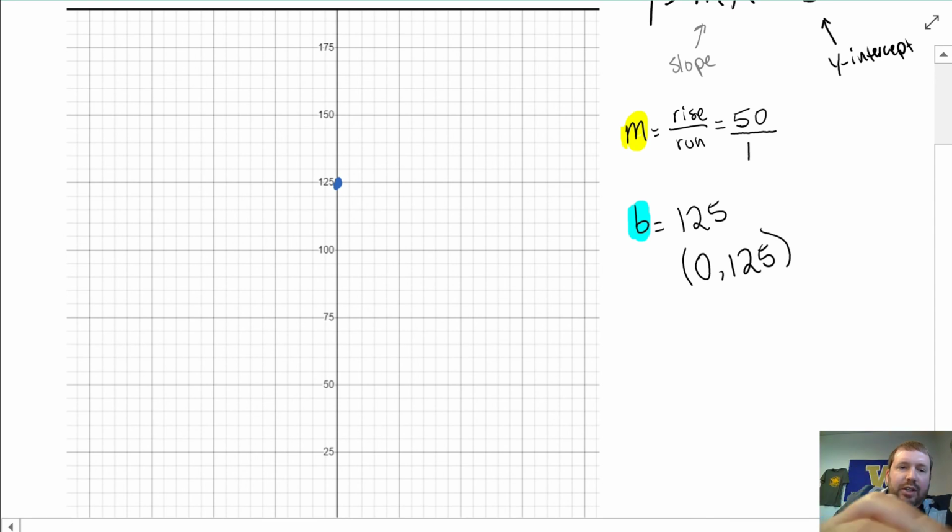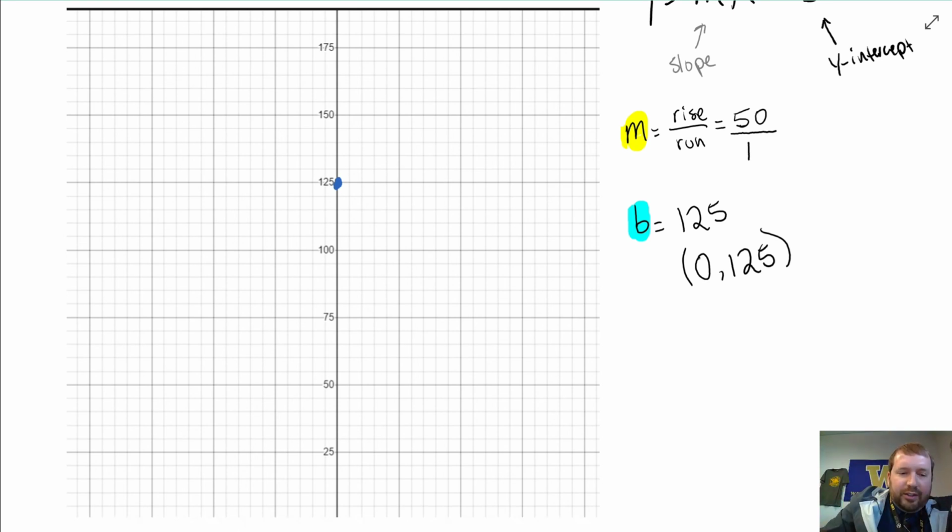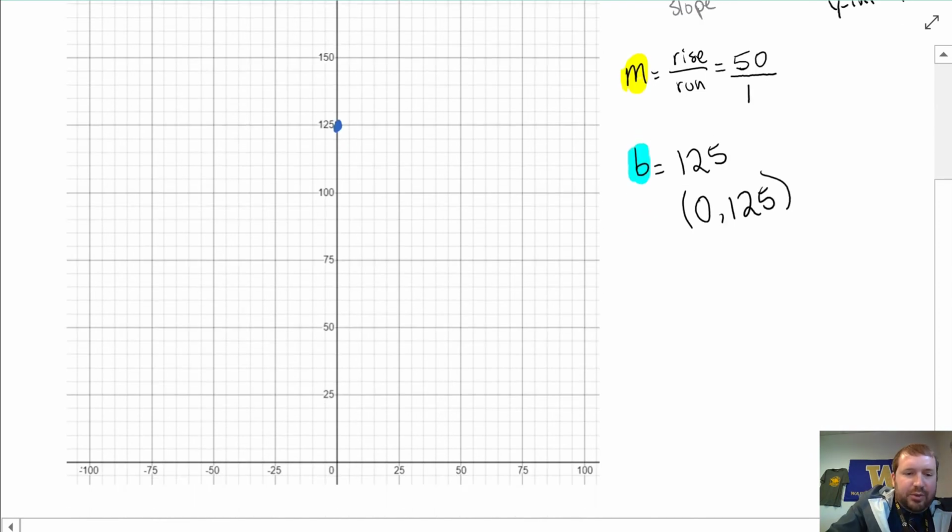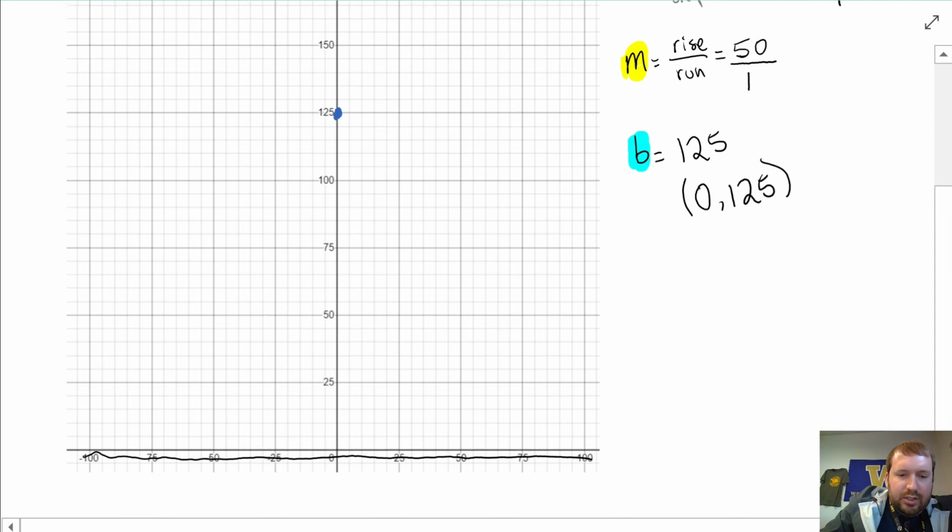However, we can change our x-axis so that it is different than our y-axis. I'm going to change these numbers so that each space is worth 1. All of you have the freedom to change your x and y axis.